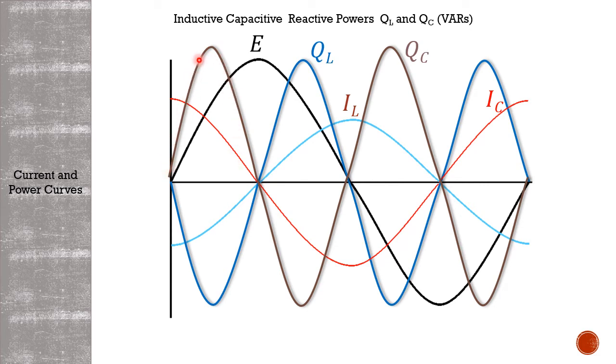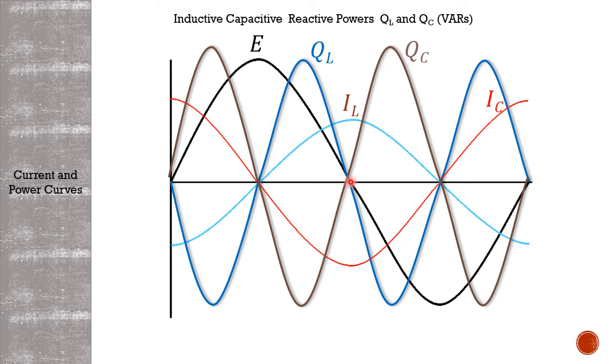That means we're storing energy in our capacitive static field. During the second quarter in here, our capacitive current is negative, but our voltage is still positive. So in this case, my capacitor is giving me energy back.